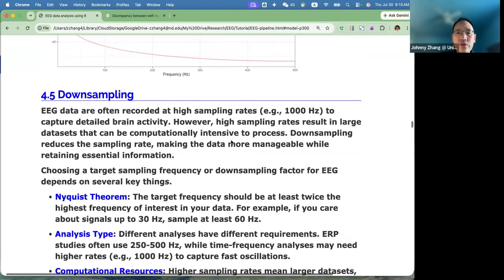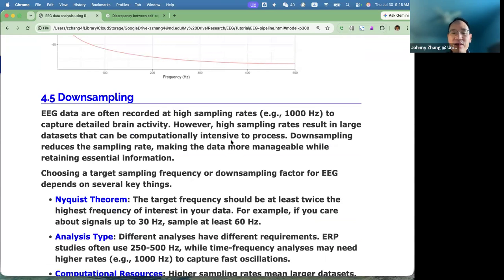So we have done the filtering. We removed low frequency and high frequency signals. After that, the next step we can do is downsampling. Downsampling is not required. You don't have to do it. But sometimes the EEG is recorded at a very high frequency, for example, 1,000 hertz, like in our example.